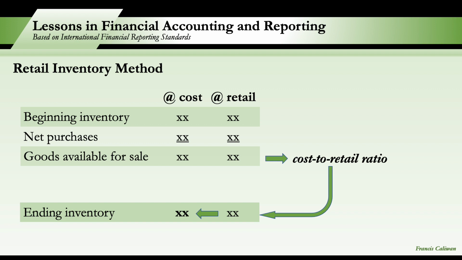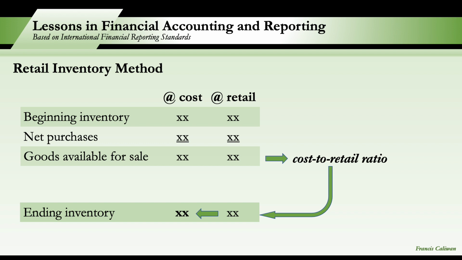So again, we determine our cost to retail ratio, and we can do that by dividing the cost of goods available for sale by the goods available for sale at retail. And then when we are able to determine our cost to retail ratio, we apply that ratio to our ending inventory at retail, and then we can get our ending inventory at cost.